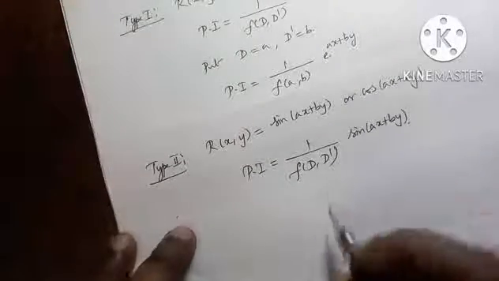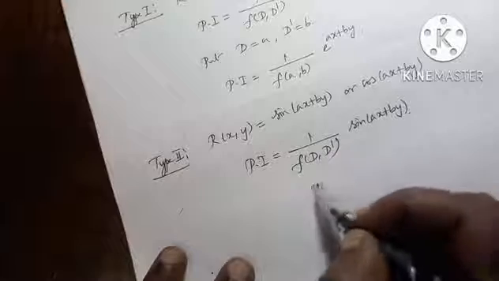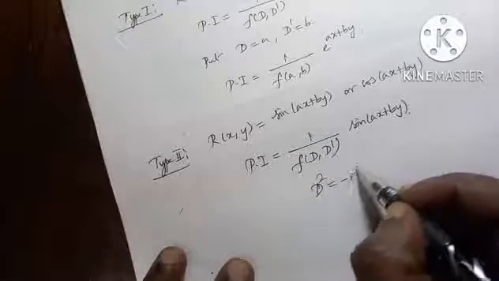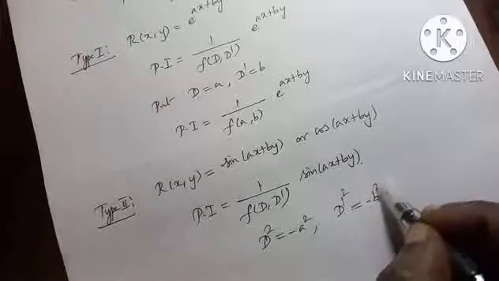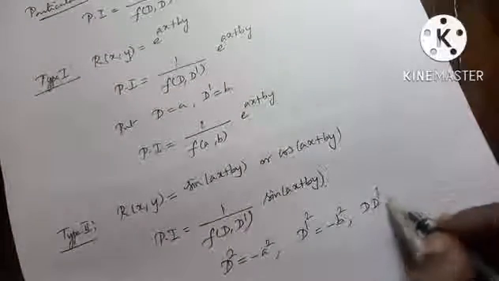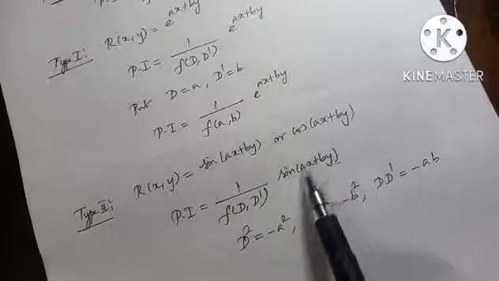The rule is, here we replace even the letter D dash. Put D square equal to minus a square, D dash square equal to minus b square, D D dash equal to minus ab. A is the coefficient of x, b is the coefficient of y.